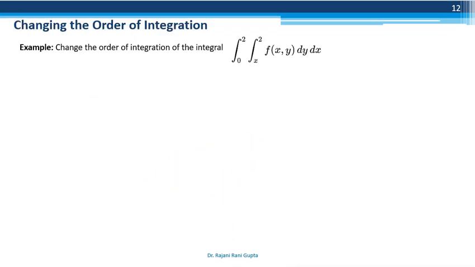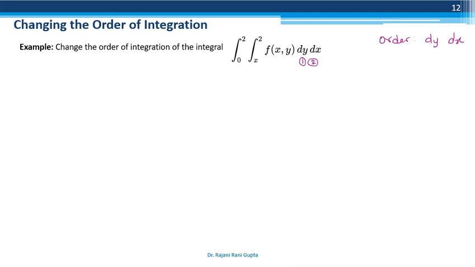Let's see if we have to change the order of integration of this integral. So how are we going to work? First of all, we have to check what is the current order of integration. As it says dy dx, the current order is dy dx: y first and then x.